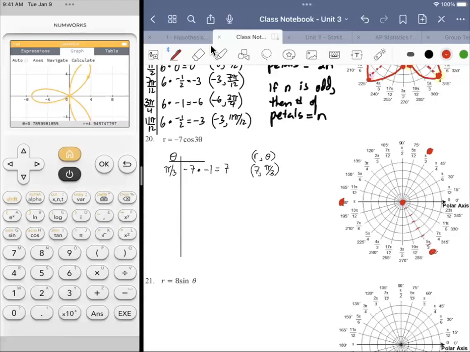I can verify it by putting in 5 pi over 3, -7 times, if I multiply 5 pi over 3 by 3, I get 5 pi. All right. So if we deal with coterminal angles, that's equivalent to pi. All right. Cosine of pi is -1. We get the 7 that way. I just need the other points.